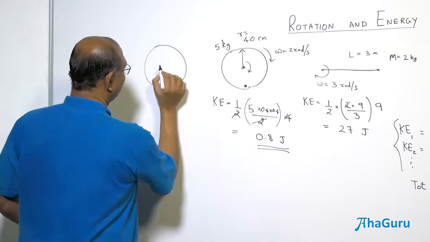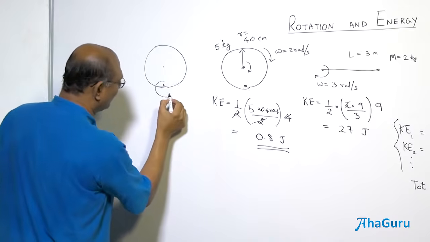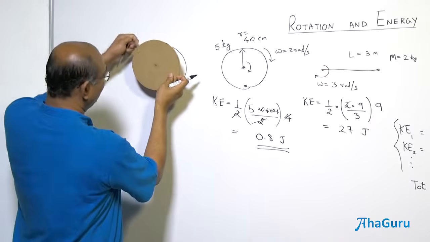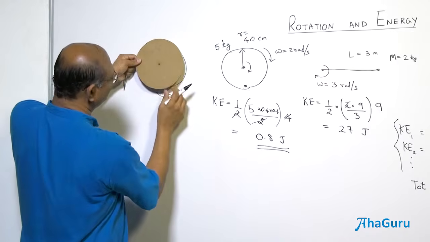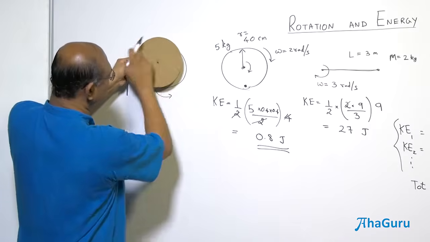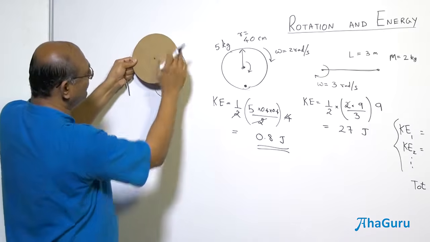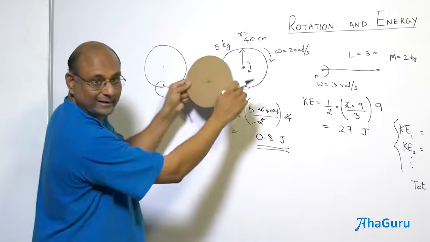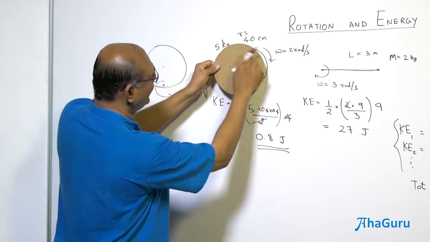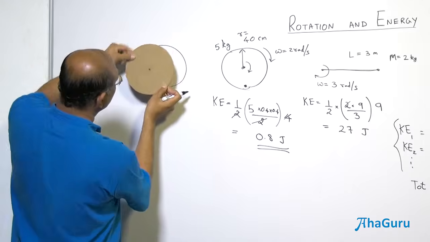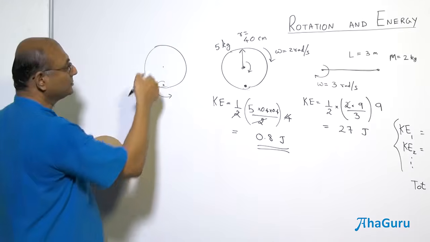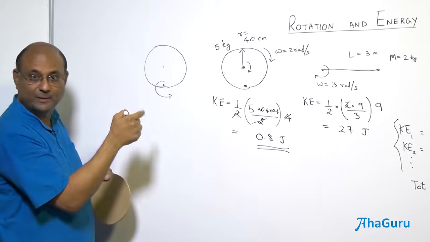If I keep it here and make this go around like that, notice that the whole object overall is moving faster. The center of mass and all these parts are moving faster than they were earlier, because when they are here, they are only moving like this, whereas with this as the pivot, that thing is moving faster. So obviously expect the kinetic energy to be more.